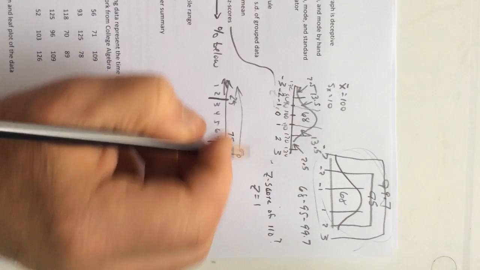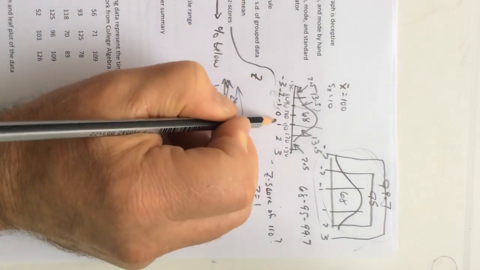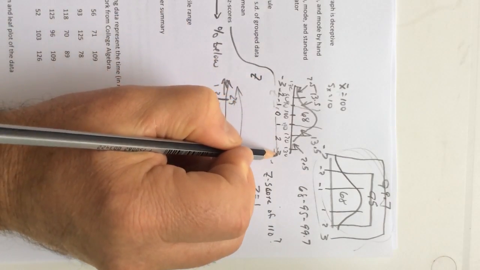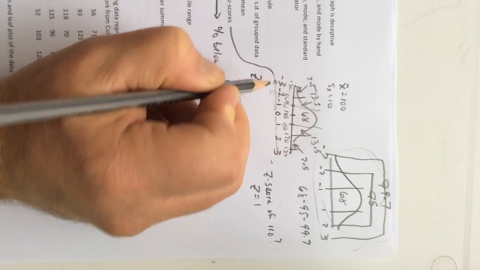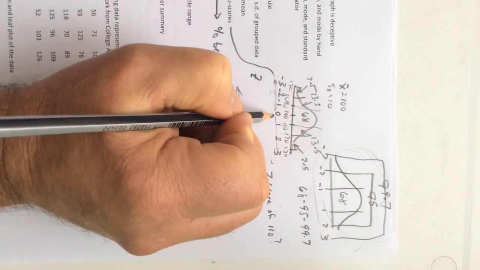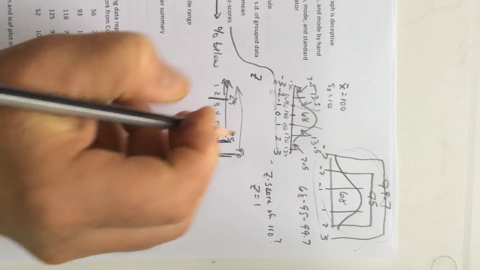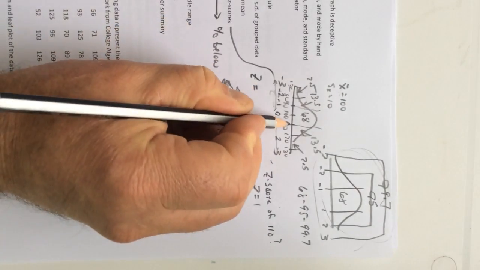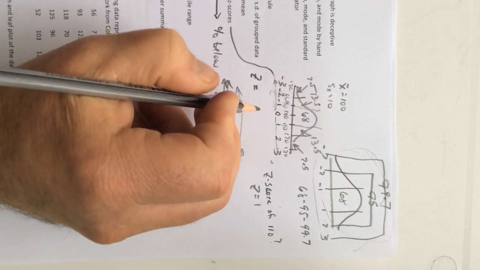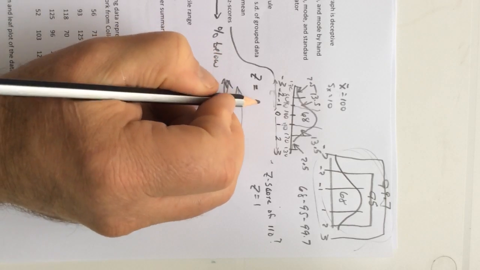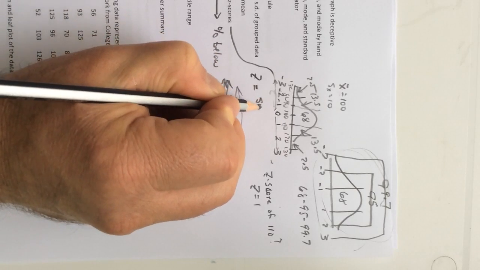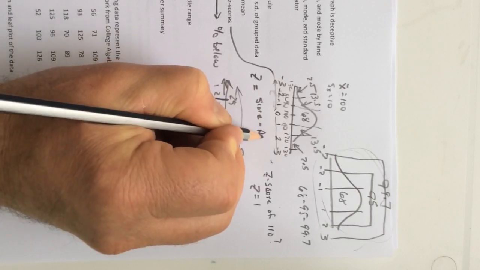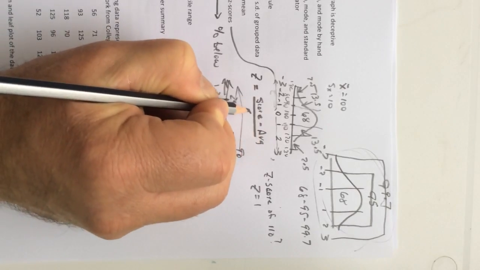Everything in z-scores that's positive is above average and negative is below average, and 0 is exactly average. The way you calculate a z-score, if it doesn't happen to fall right on top of one of those, is you take the actual score minus the average and then divide it by the standard deviation.